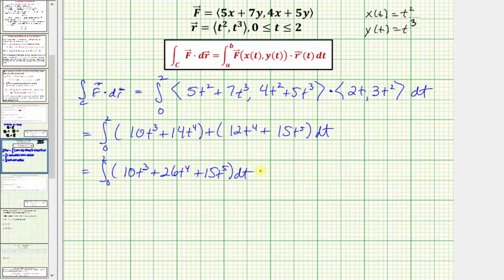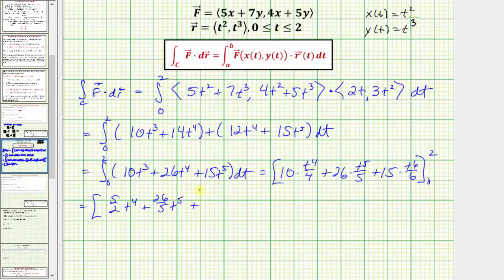Integrating with respect to t, we're going to have 10 times t to the fourth divided by 4 plus 26 times t to the fifth divided by 5 plus 15 times t to the sixth divided by 6. Simplifying, 5 halves t to the fourth plus 26 fifths times t to the fifth plus 15 sixths, which also simplifies to 5 halves, t to the sixth.